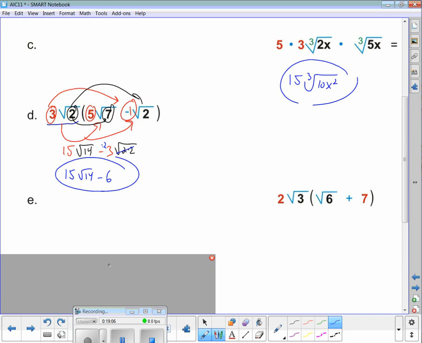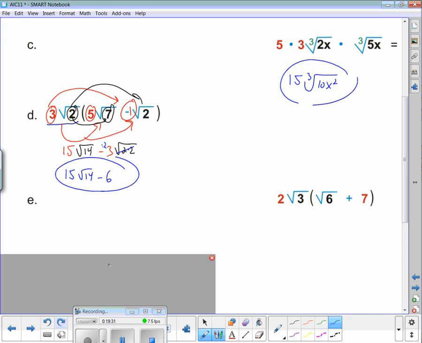Here, I'll show you a real quick example. Don't write this in your notes. Square root of 9 plus the square root of 4. We all know the square root of 9 is 3 and the square root of 4 is 2, so the answer to the problem is 5. Does that equal the square root of 13? No, right? It doesn't work. You can't add radicals that don't have the same radicand.